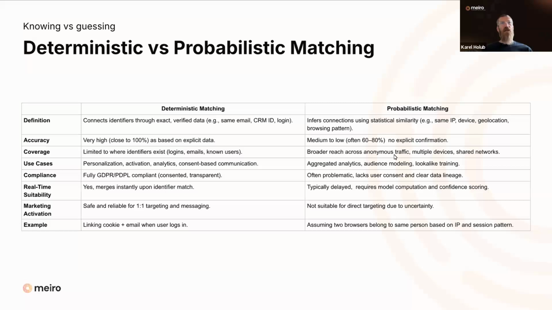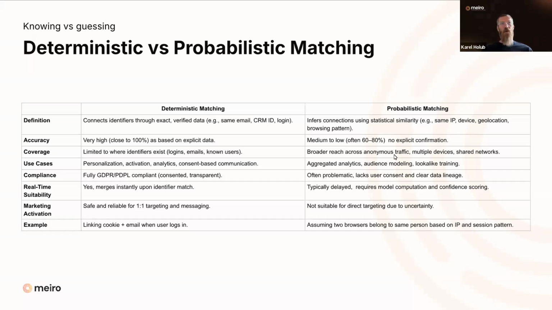The coverage for the deterministic match will be limited to the touch points and their ability to provide the data that can be matched on the exact attributes. Use cases I've already mentioned, so the deterministic mostly for activations and consent-based communication. Probabilistic, a very good addition to analytics and maybe to audience modeling, lookalike trainings, and so on.